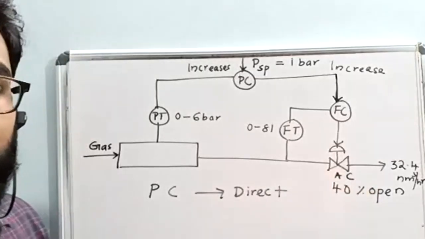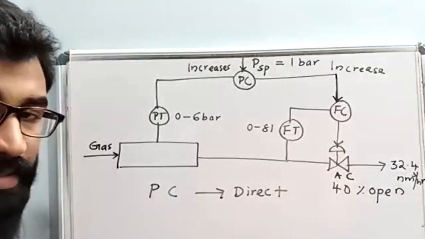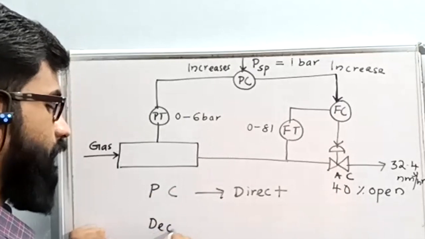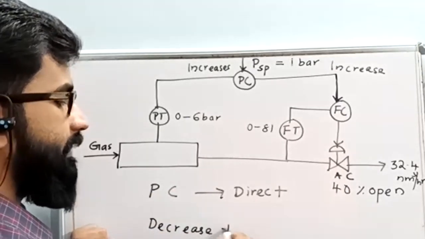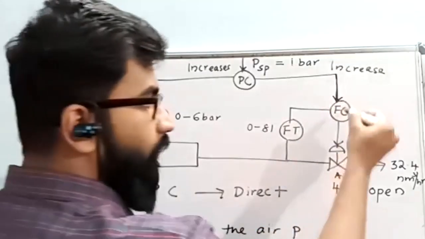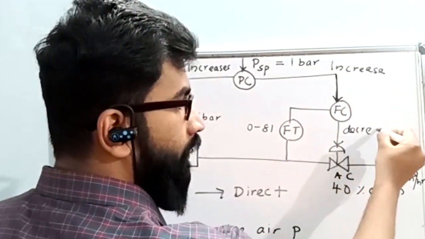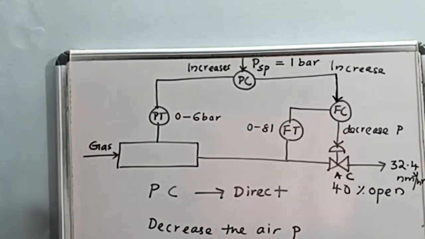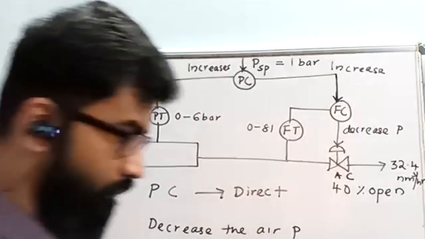Since it is an air to close valve, if you want to increase the flow, you should decrease the air pressure. If the flow controller decreases the air pressure, the valve will open more and your problem will be solved. So increase, decrease, it will be indirect acting for the flow controller.